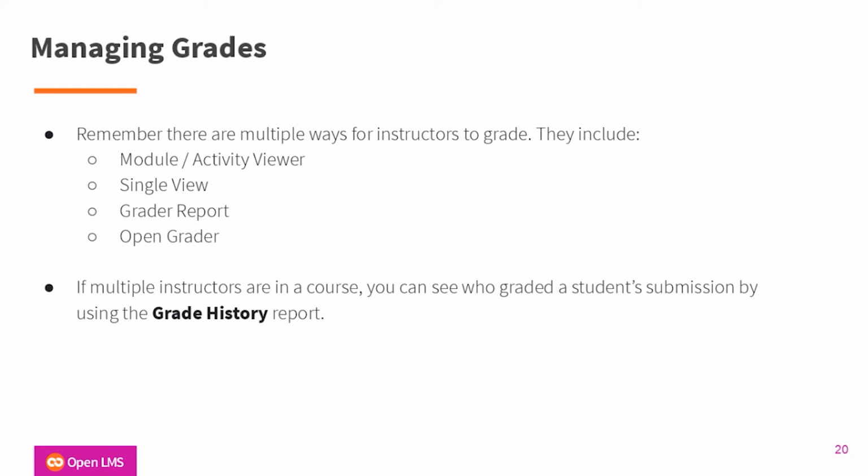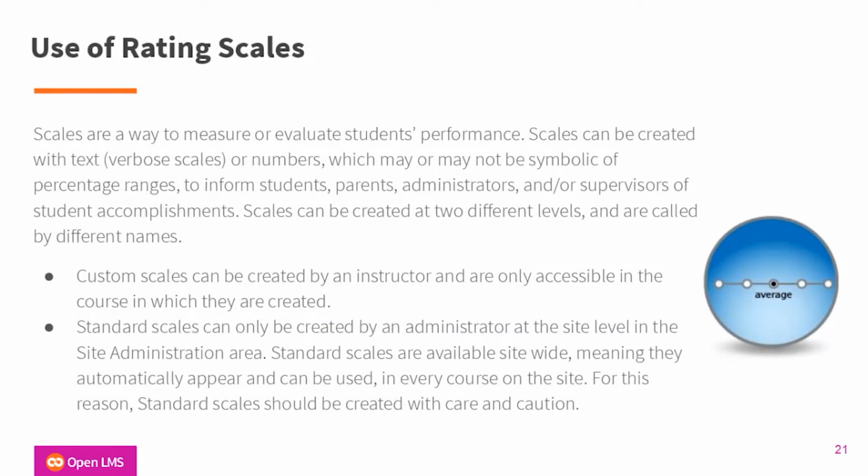And then a couple other things that we didn't really talk about during the last call, because it's more at the site level where you can set these things: use of rating scales. During the last call, we talked a lot about the gradebook itself and the traditional settings, but what I didn't bring up was that if you're an instructor, you might not be using the gradebook in a manner of percentages and letter grades.